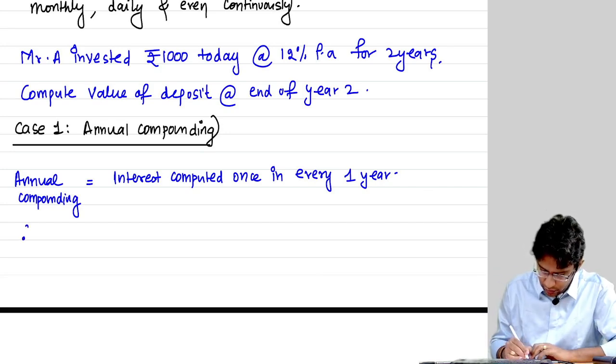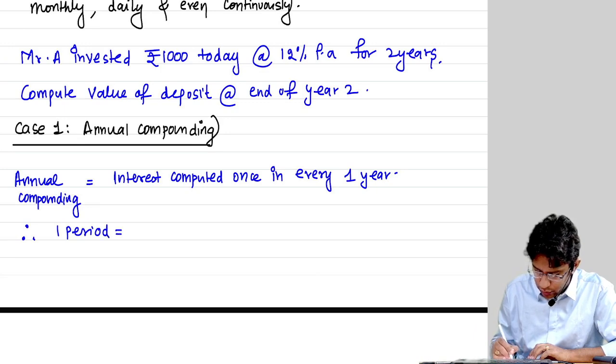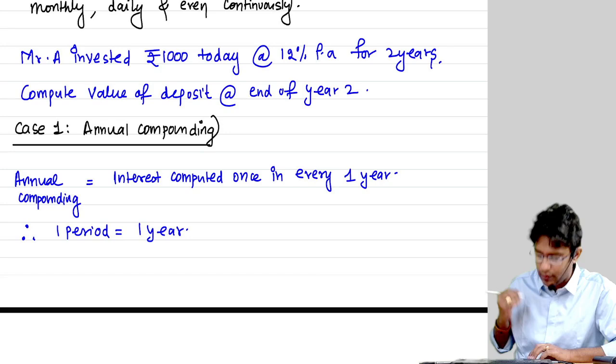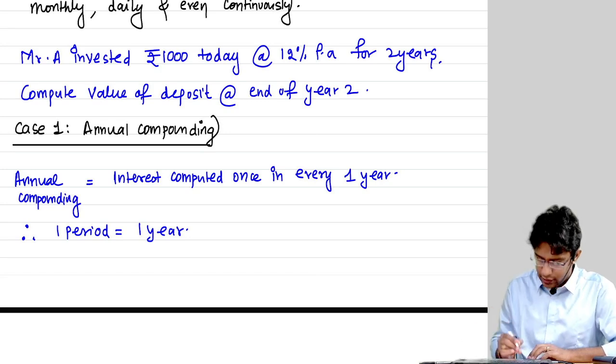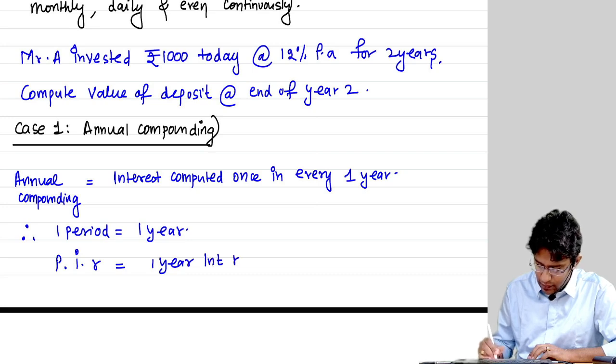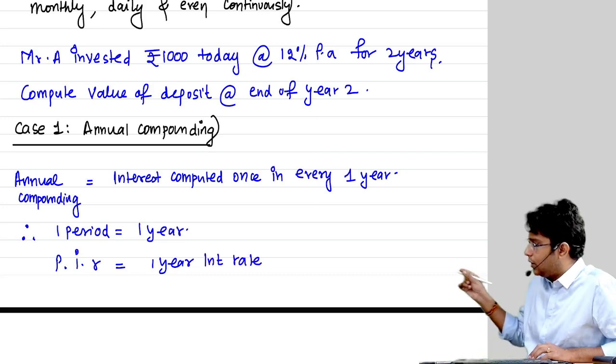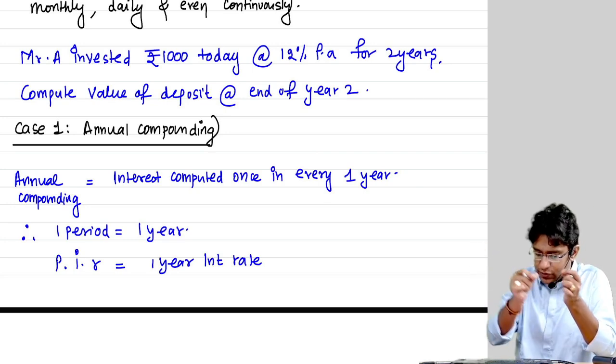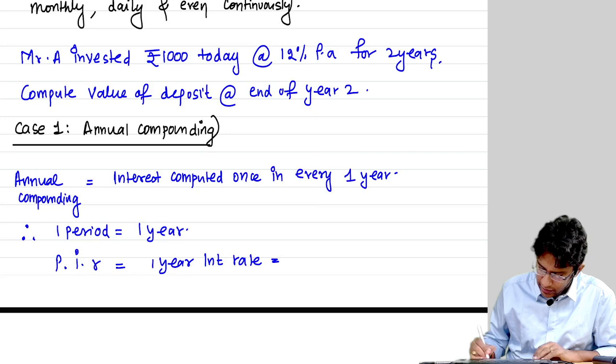So 1 period is equal to 1 year. Since 1 period is equal to 1 year, the periodic interest rate is equal to the 1 year interest rate. Periodic, I substituted 1 year, that's all. And the 1 year interest rate is given as 12%, or I am writing it as 0.12.